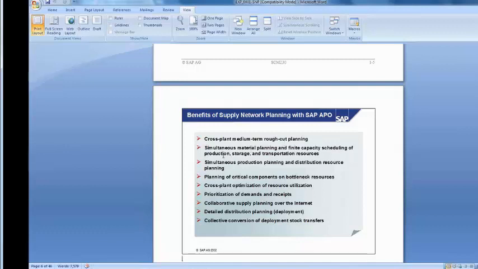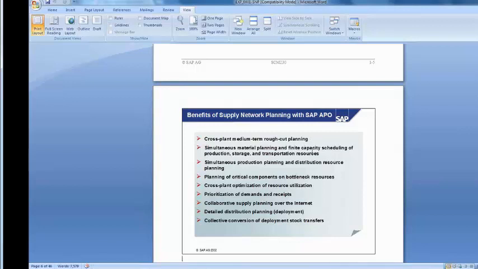Second, in traditional ECC we have MRP, and when we plan through MRP, it considers all resources as infinite capacity. But SNP is usually finite capacity planning.